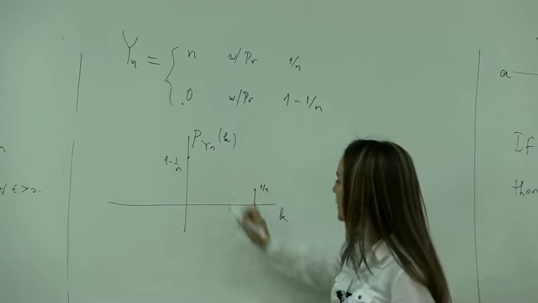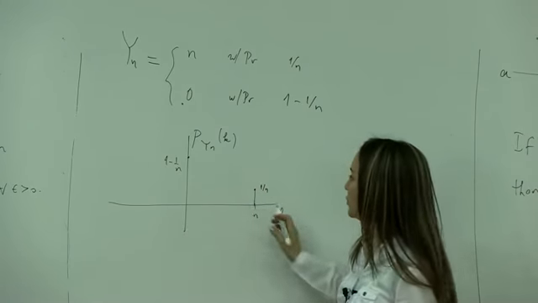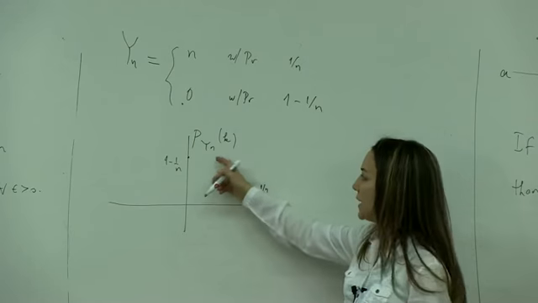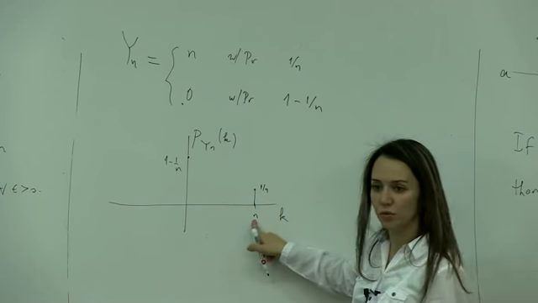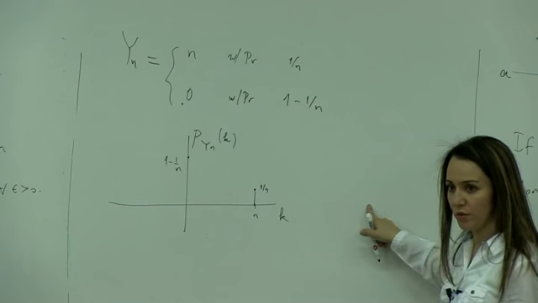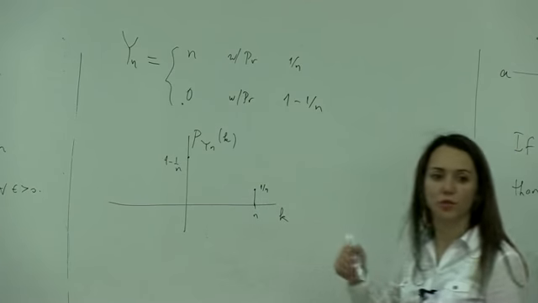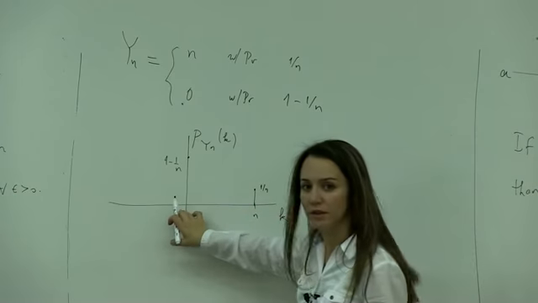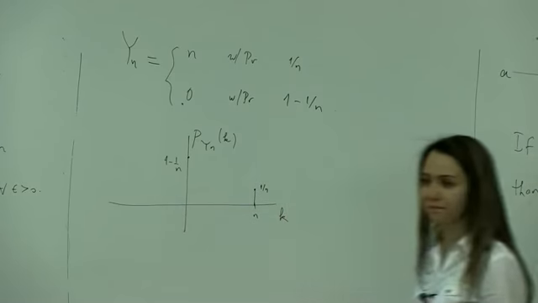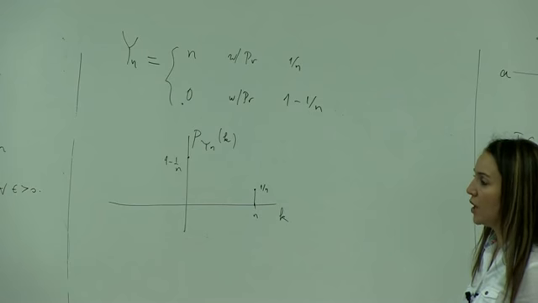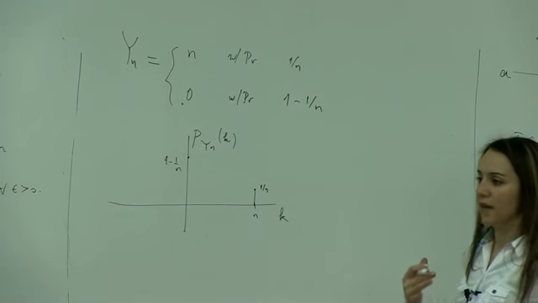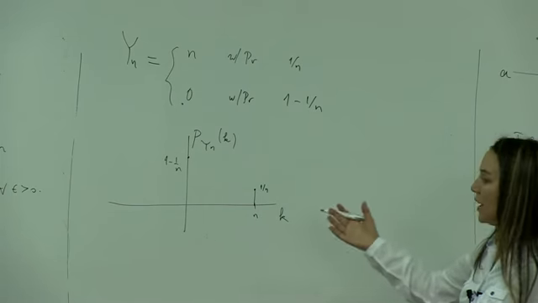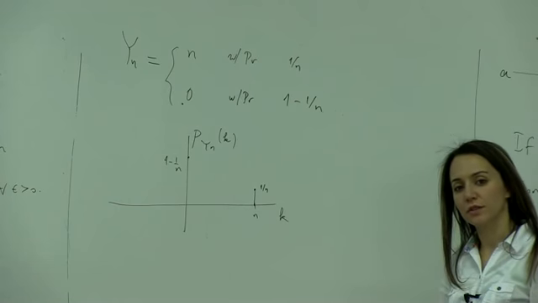So for Y1, it's either 1 or 0. For Y2, it's either 2 or 0. As n grows, this value grows, but its probability reduces. So the probability in this case gets collected right at 0. My guess is that Yn converges to a value.